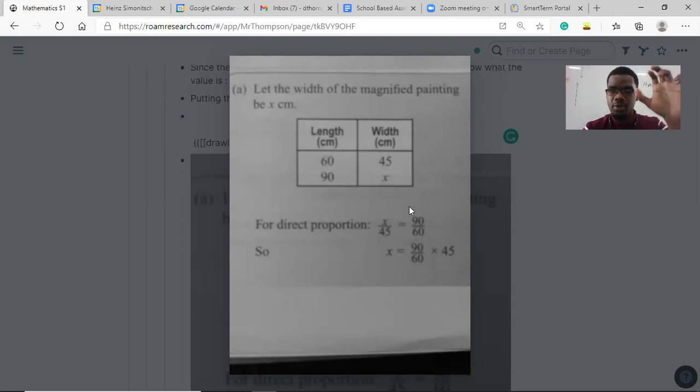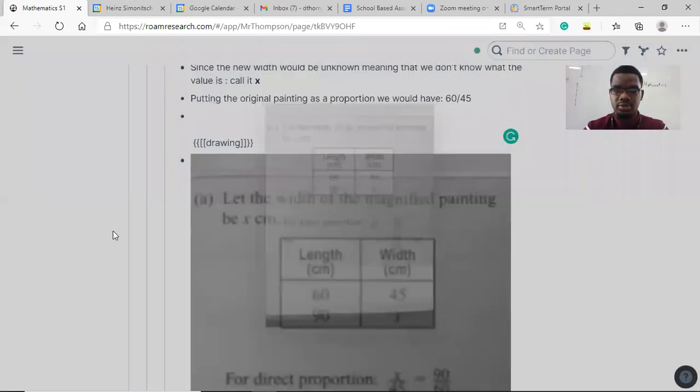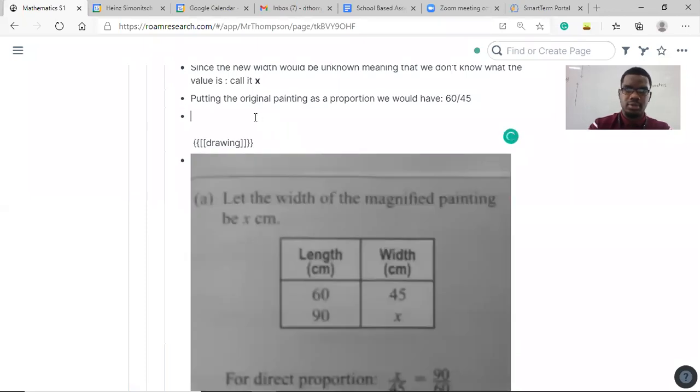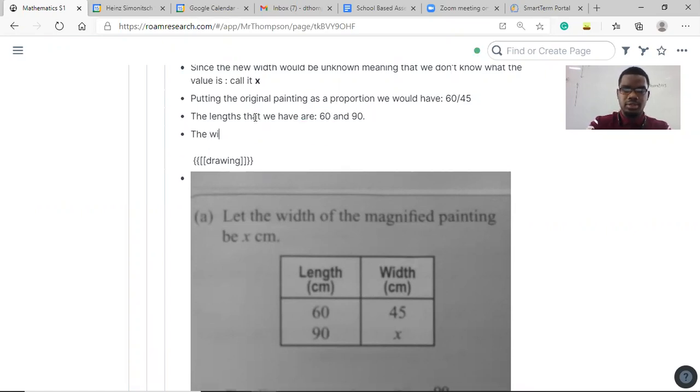So putting both lengths that we know together, the lengths that we have are 60 and 90. The widths that we have are 45 and X. We're bringing back the X.